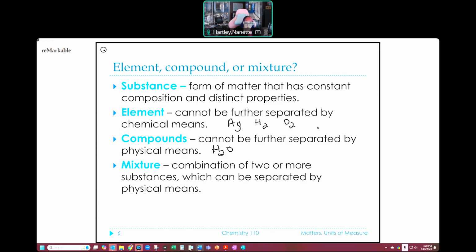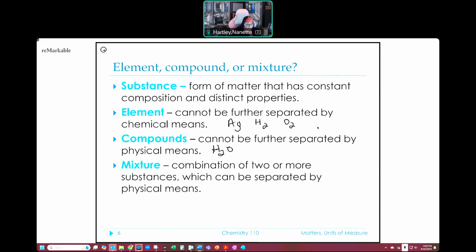I can't break that down any further than that, just physically. I can't heat it up and it'll bust apart. I can't freeze it and it'll break apart. If it breaks apart, it's still molecules of H2O. So my physical means cannot get that any further separated. We would have to separate it by chemical means if we wanted to break it down any more.